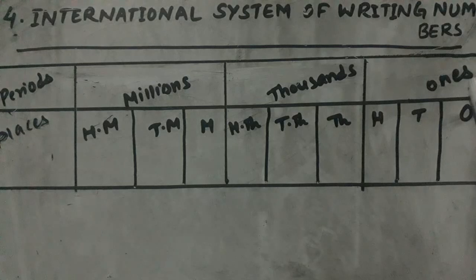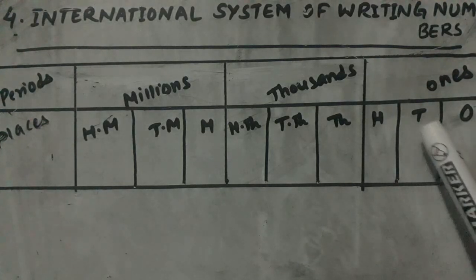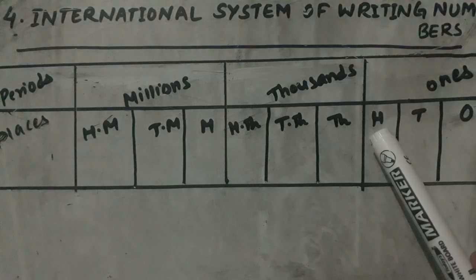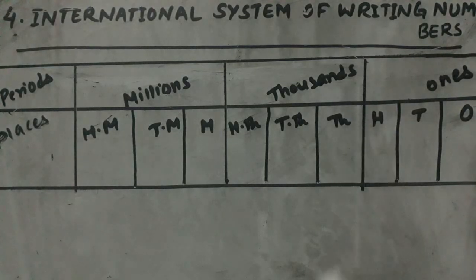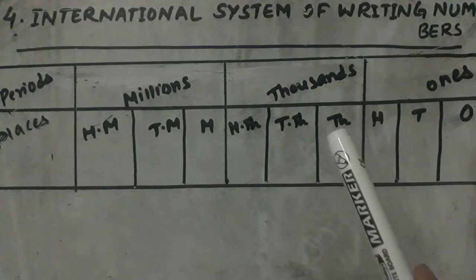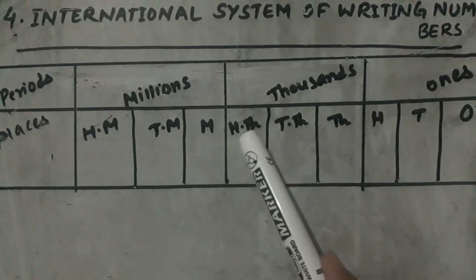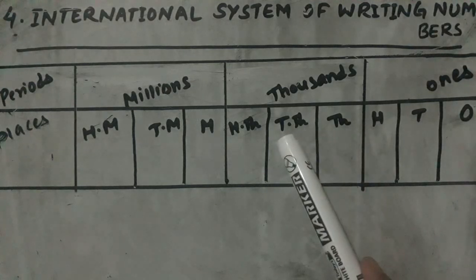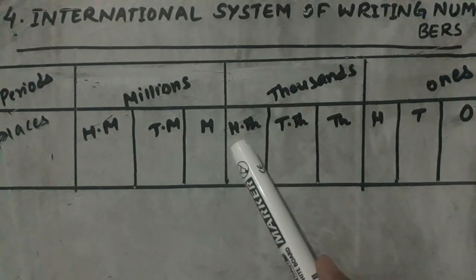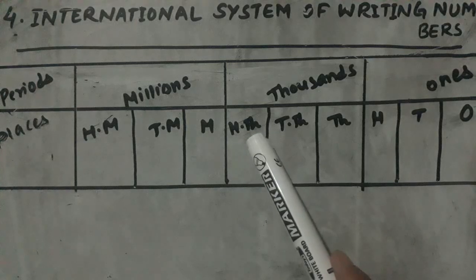The period of ones consists of three places: ones, tens, hundreds. Similarly the period of thousands consists of thousand, 10,000, 100,000. Here th means thousand, tth means 10,000, and hth means 100,000.